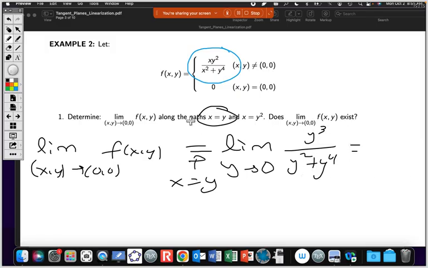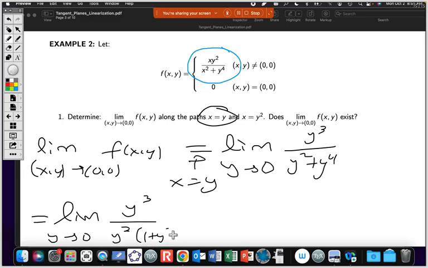Direct substitution gives me a 0 over 0. What can I factor out of the denominator there? Yeah, you can do a y squared, 1 plus y squared. These things cancel out. I get y over 1 plus y squared, which goes to 0 over 1, which is 0. So along that path, I get 0.